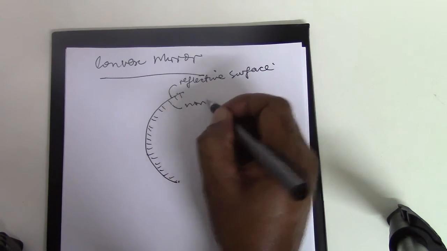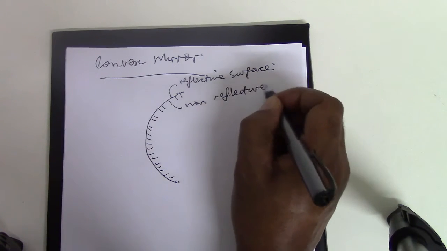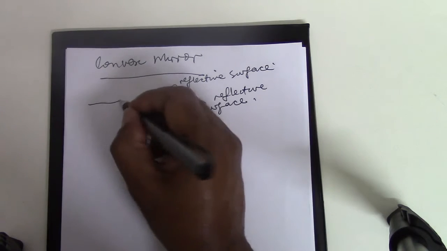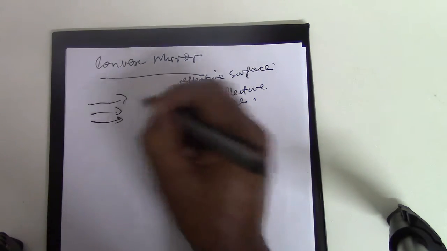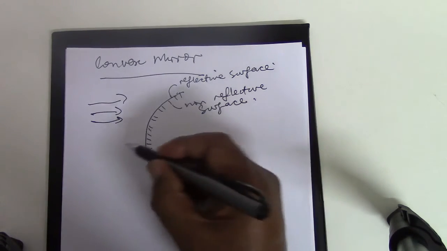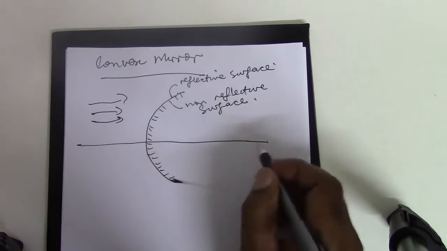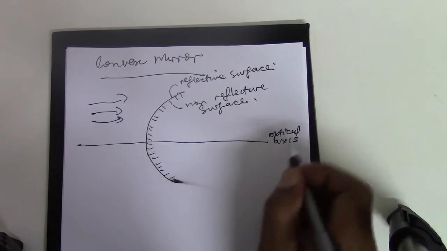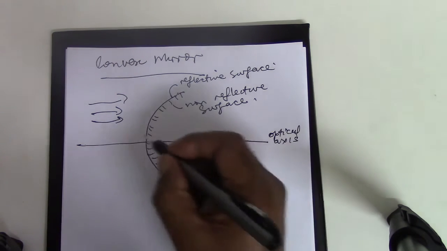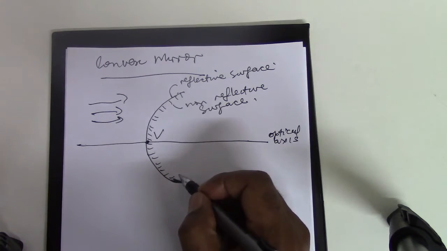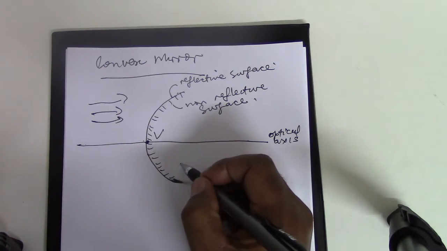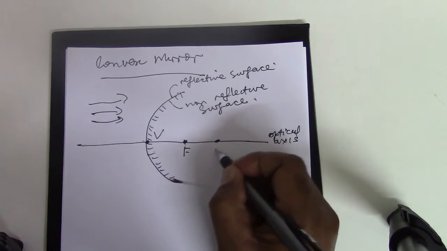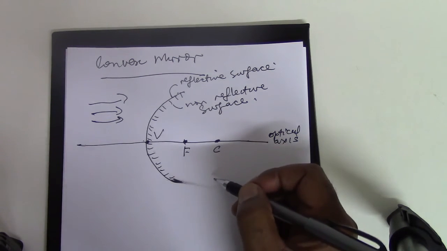Light approaches in the same manner. At the center we still have our optical axis or principal axis, and here we still have our vertex, or optical center. But now the focal point is behind here, and the center of curvature is here at the back.